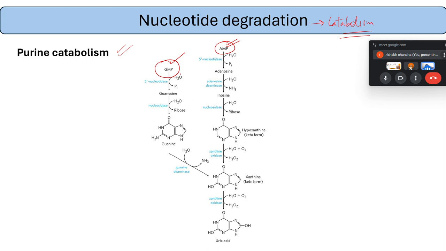So first, what happens in any of these reactions, the phosphate is removed from the nucleotides. That is basically done by the 5' nucleotidase, because as you know the phosphate group is attached to the 5' carbon end. So first this bond is broken and phosphate is released. That is done with the help of the enzyme 5' nucleotidase.